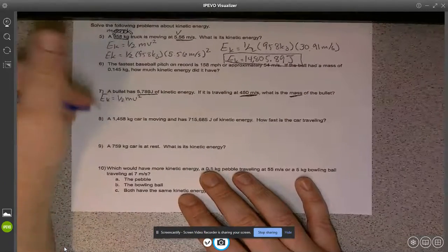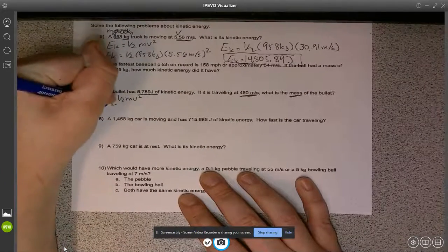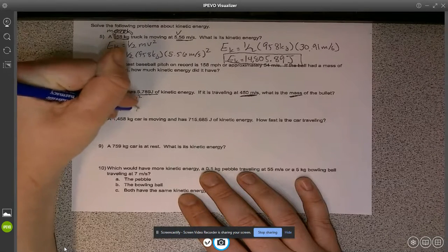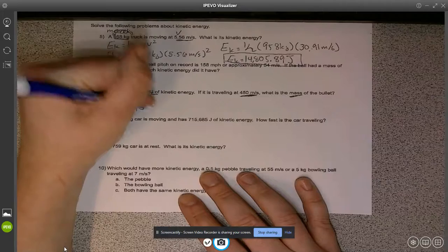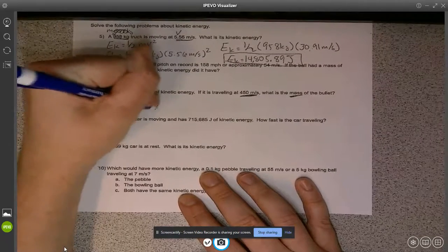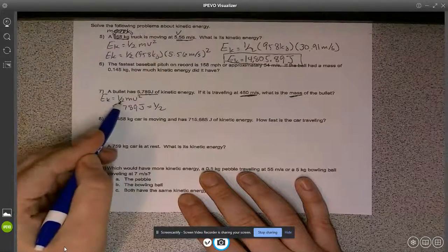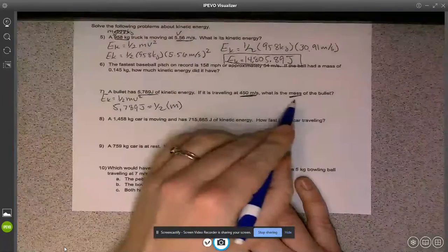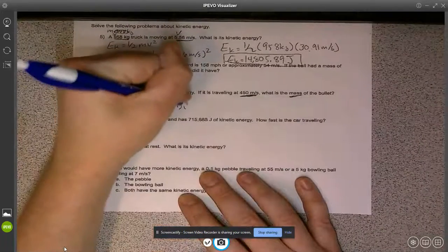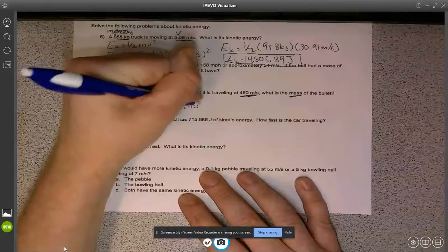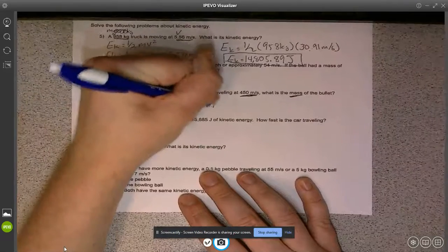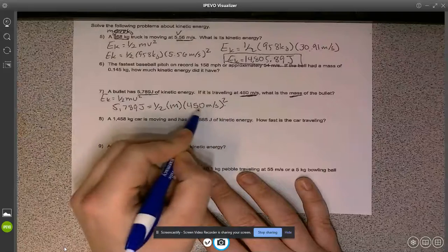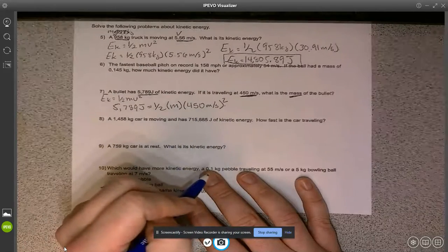So we're going to plug in our numbers. 5,789 joules, keep my units consistent, is equal to 1/2, because remember that's just part of the equation, times my mass, which I don't know because that's what I need to find, times my velocity, which is 450 meters for every second. And remember, that is squared, and that square only goes towards that velocity.